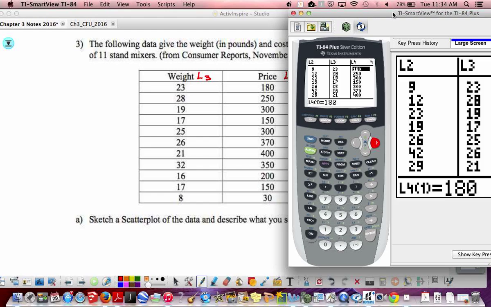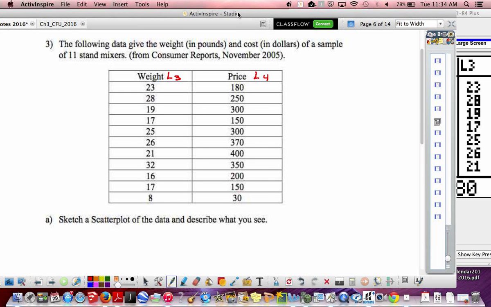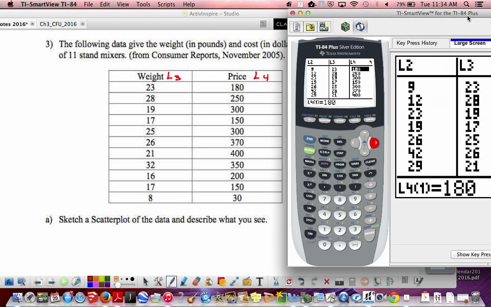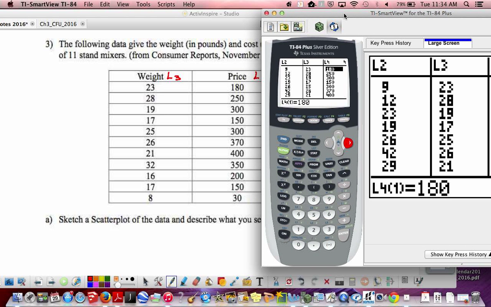All right, I want to slide this just a little bit so I can see both. 23, 180, 22, 250, 19, 300, 17, 150, 25, 300. Just check in 26, 370, 21, 400, 32, 350, 16, 200, 17, 150. How about that? 8 and 30.